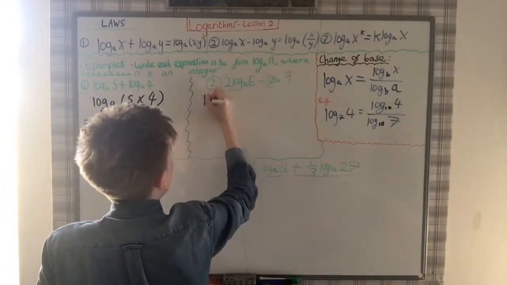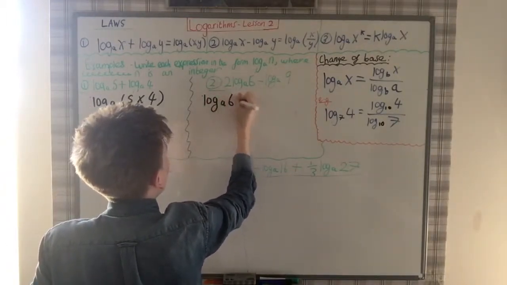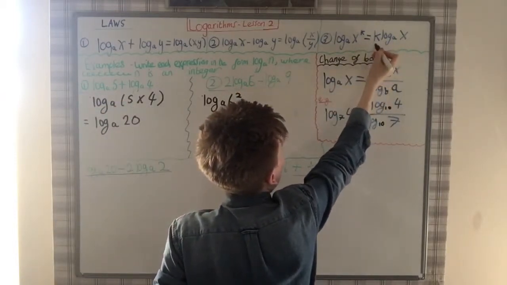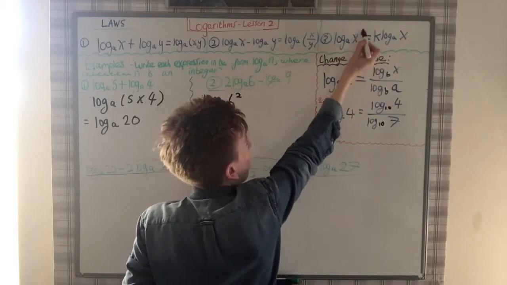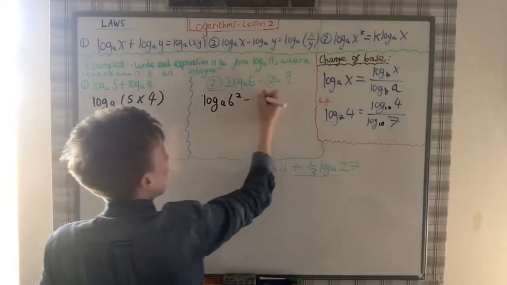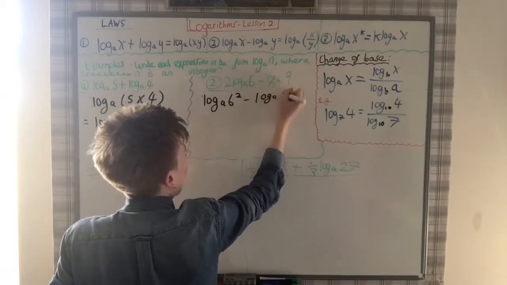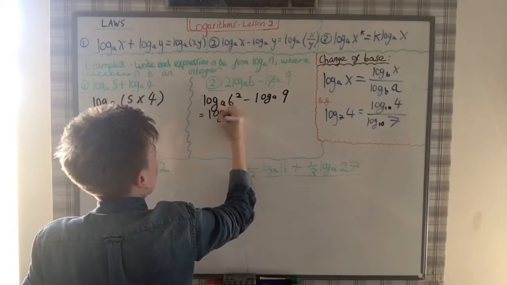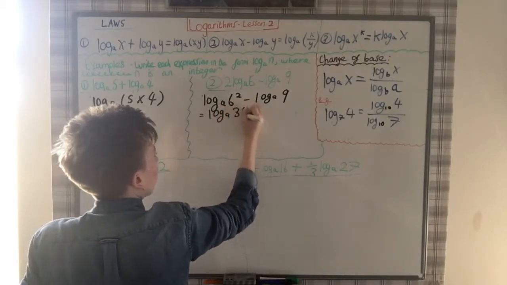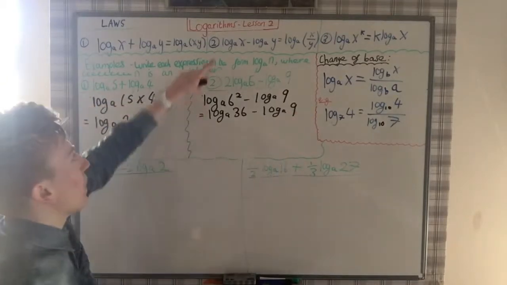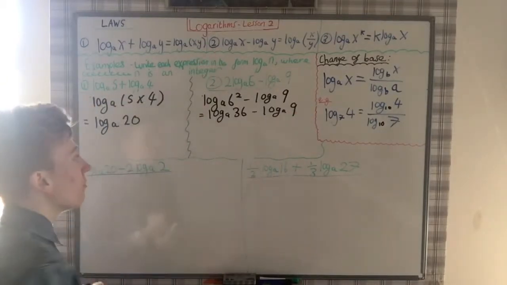So all we do is we move the 2 up as a power of 6. We're reversing this. So the 2 is the k here, and we're moving it as the power of the x, which is 6 in this case. We then subtract log a of 9. Well, 6 squared is 36.